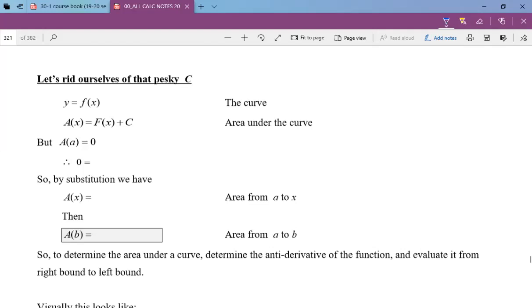So this is saying if we have this curve y is equal to f of x, then the area under this curve is A of x is equal to capital F of x plus this amount C. But if the area from a to a is just 0, therefore 0 is equal to capital F at a plus C. If we solve that for C, therefore C is equal to negative F at a.